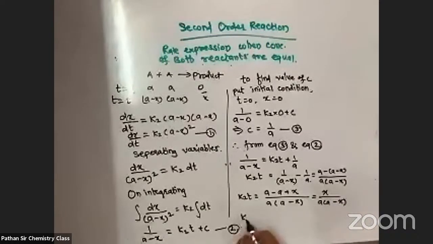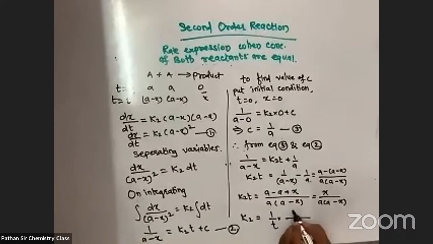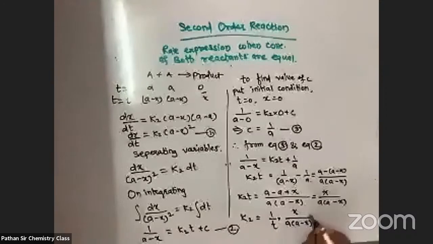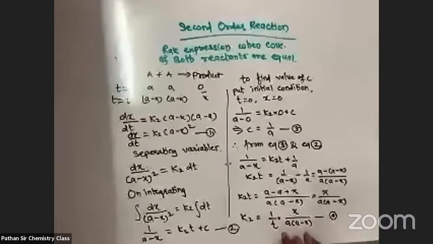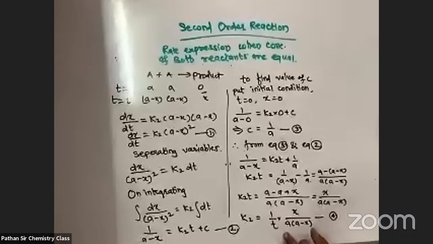Finally, k2 is equal to 1 by t into x divided by a into (a minus x). Call this equation number 4. This equation number 4 is nothing but the integrated rate expression for a second order reaction.